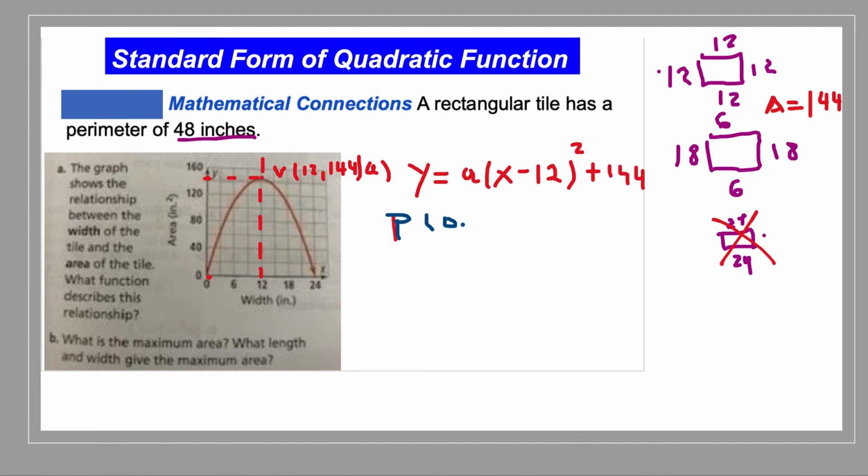I'm taking one of the points and plugging it in: 0 is equal to a times x, instead of x I'm plugging 0, minus 12 squared, plus 144.